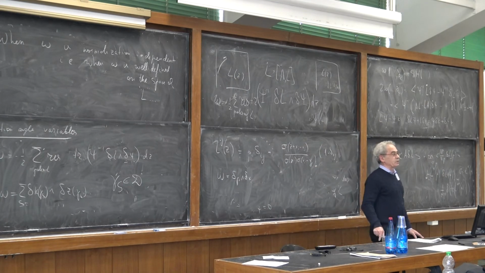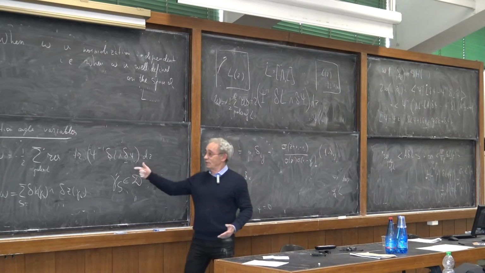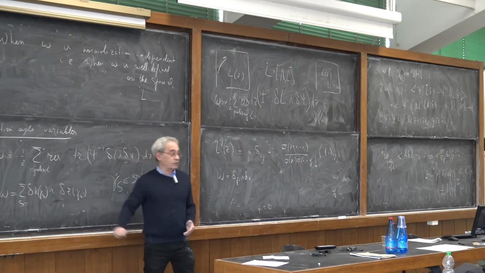Later, the same form became known as the Seiberg-Witten form that appeared in N equals 2 supersymmetric theories. But actually the proof, the ideology, is this universal form and its expression.